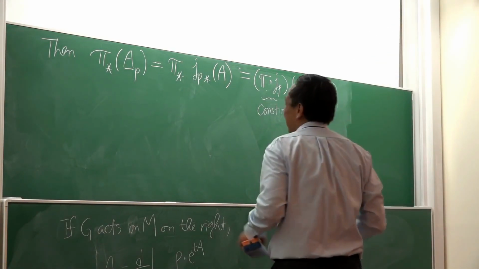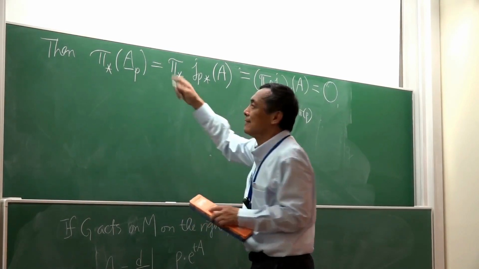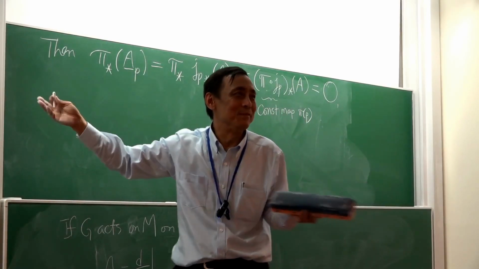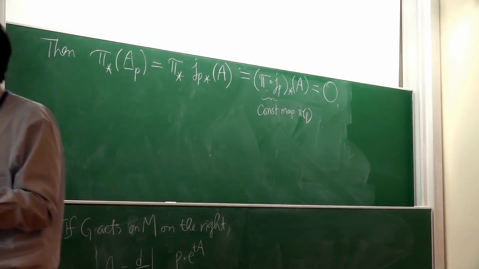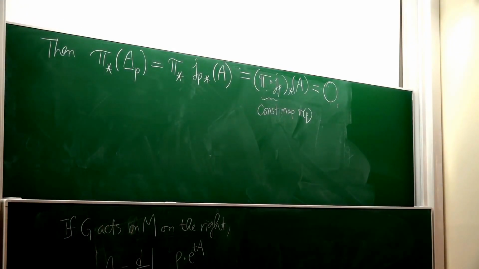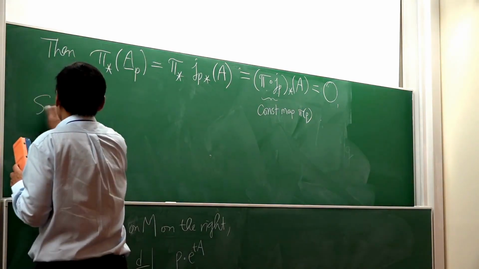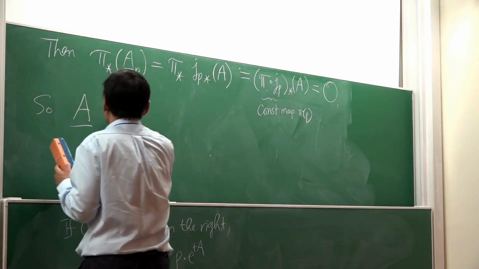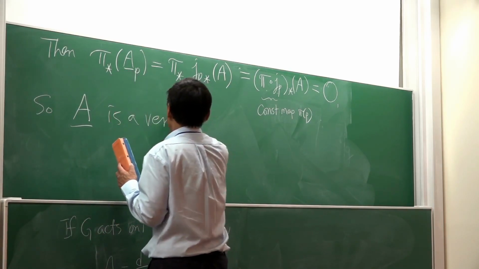Okay, so this is a more watertight proof that A is a vertical vector field.